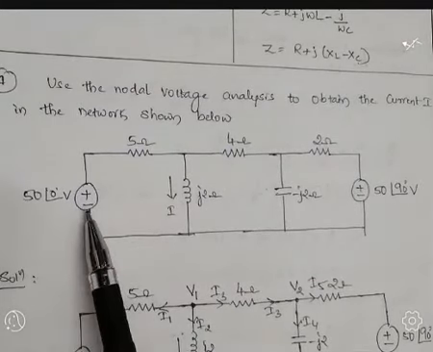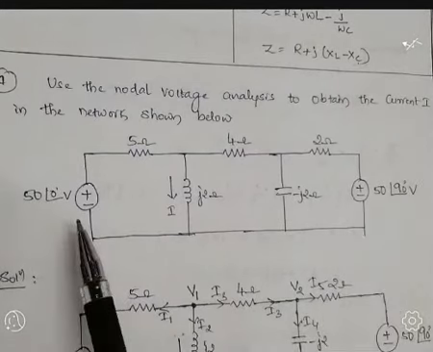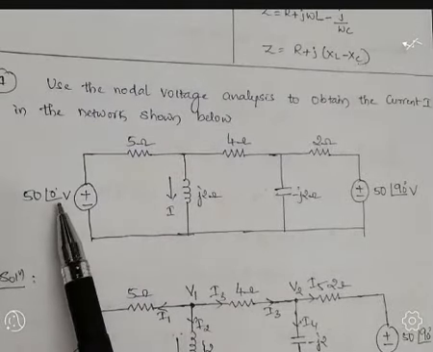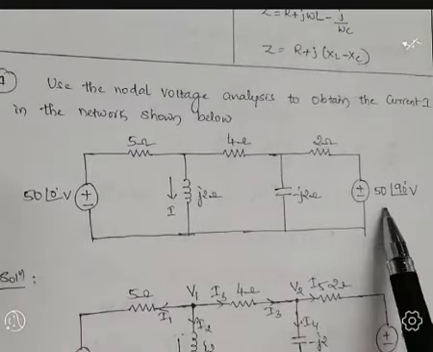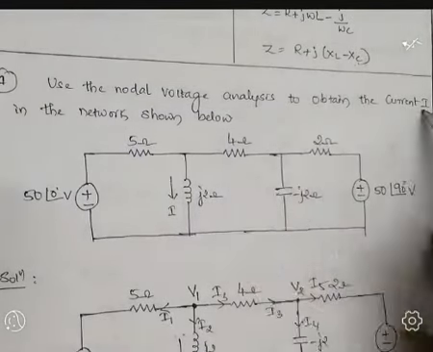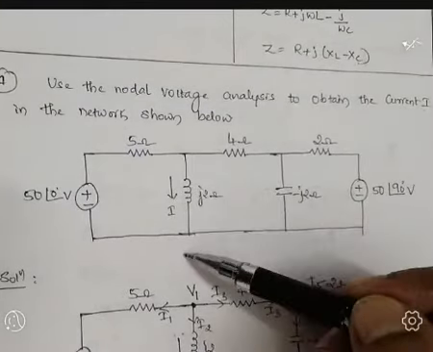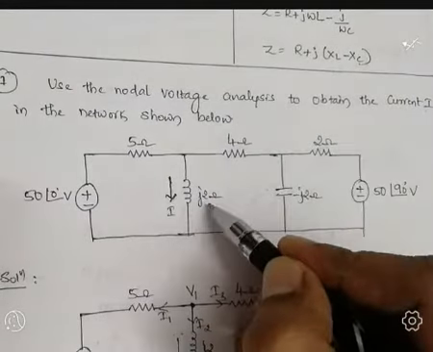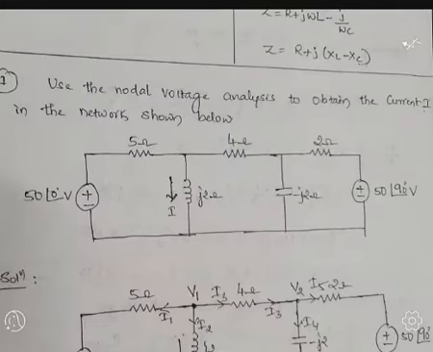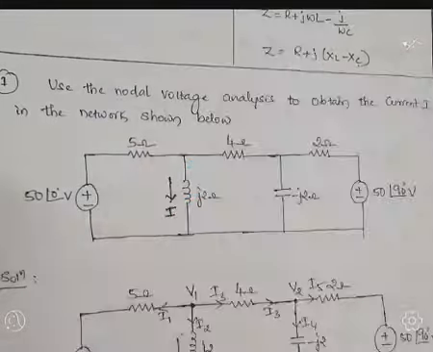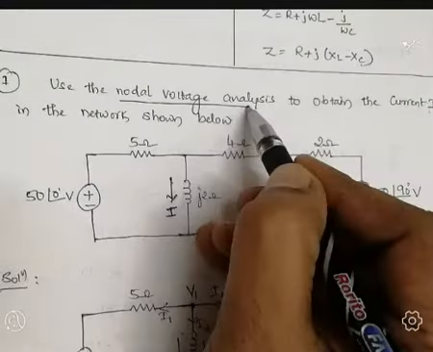These two sources are voltage sources, but of type AC: 50 angle 0 volt and 50 angle 90-degree volt. So how do we calculate the current I which is flowing through this branch? The branch has the value j2. So we have to calculate this current I by using the nodal voltage analysis method.